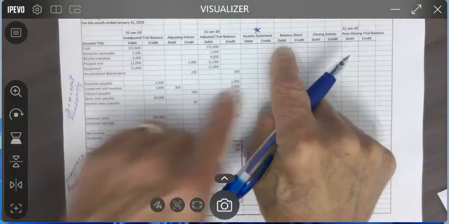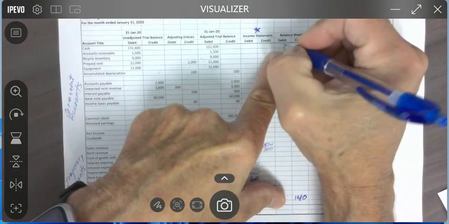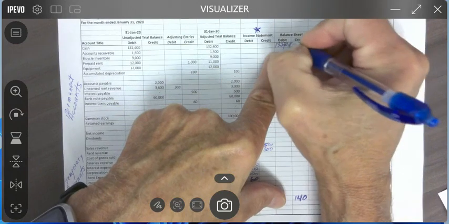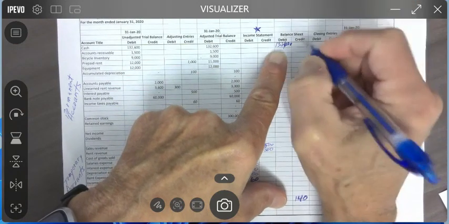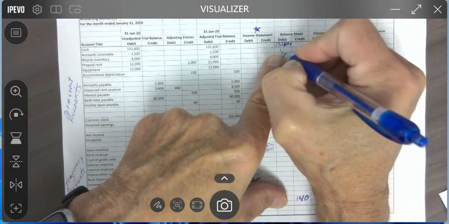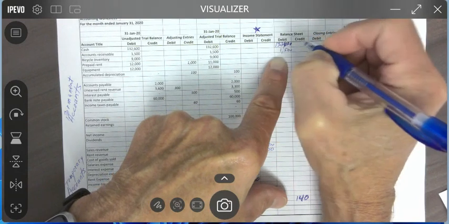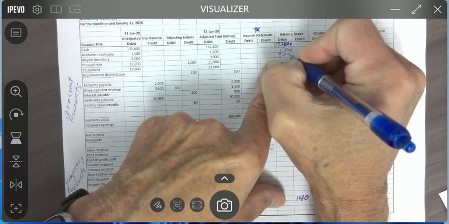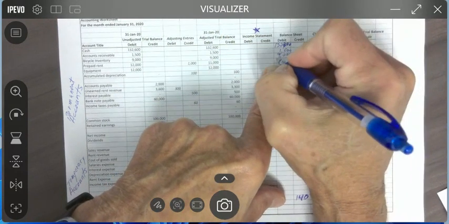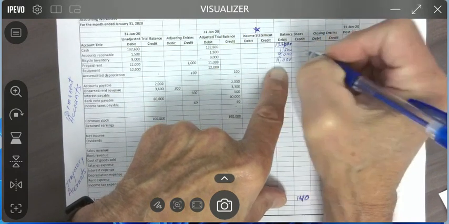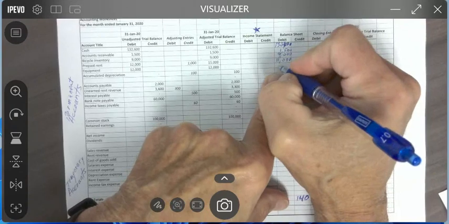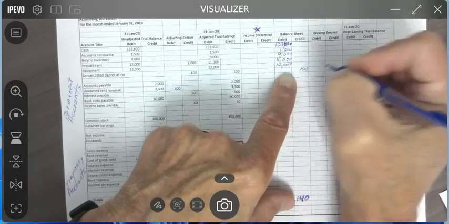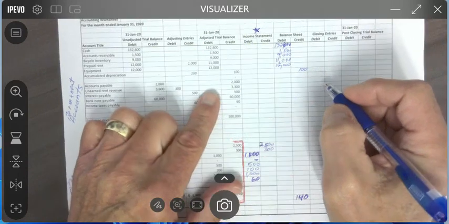We will report cash of $132,600. We will report accounts receivable of $1,500. We will report bicycle inventory of $9,000. We will report prepaid rent of now $11,000. Equipment at cost of $12,000, less accumulated depreciation of $100.